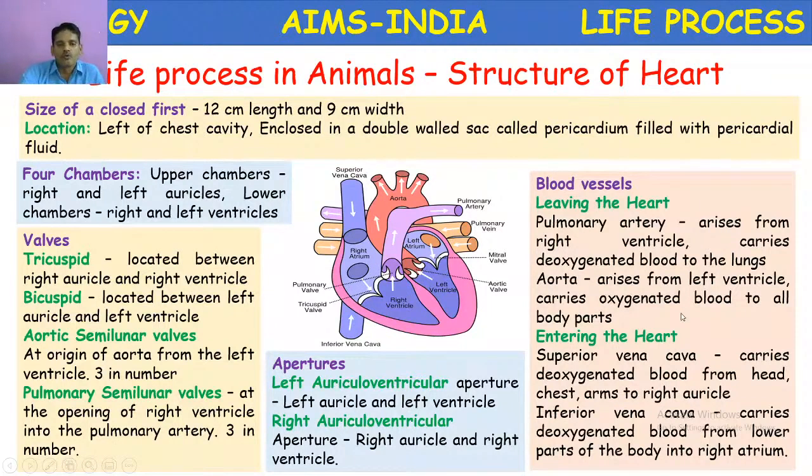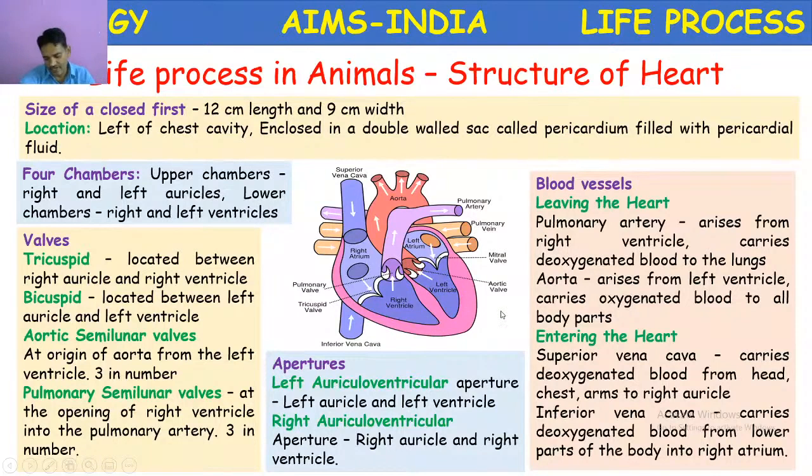So these are the veins, and another vein is called the pulmonary vein, which carries the oxygenated blood from lungs to left atrium. So if you take the 4 chambers of the heart, the right auricle is filled with deoxygenated blood. That deoxygenated blood pumps into the right ventricle. Then the left auricle is filled with oxygenated blood by the pulmonary vein. This is pumped to the left ventricle, and it is pumped to all parts of the body.